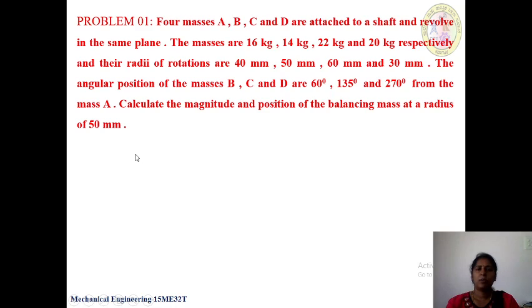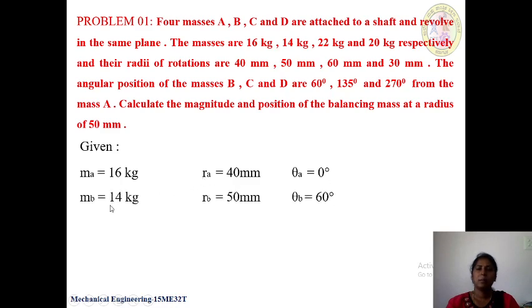First, read out the problem and understand the problem, then write down the given values. MA is equal to 16 kg, RA is equal to 40 mm and theta A is equal to 0 degrees. MB is equal to 14 kg, RB is equal to 50 mm, theta B is equal to 60 degrees.